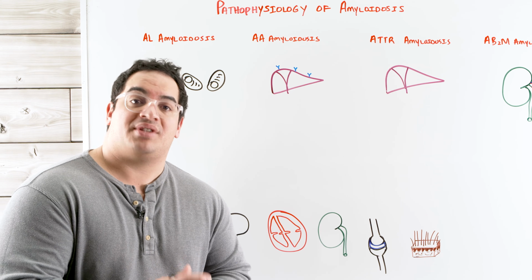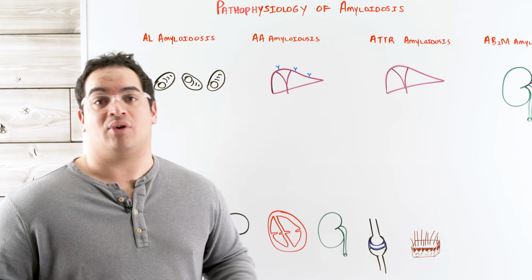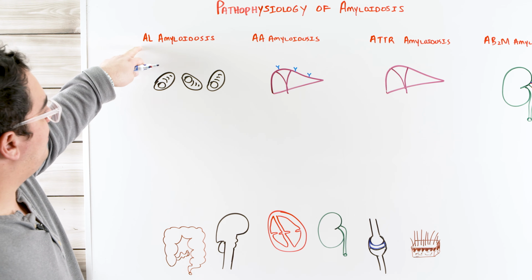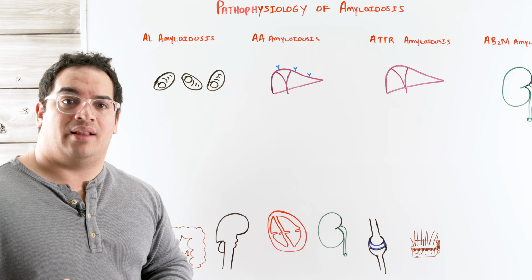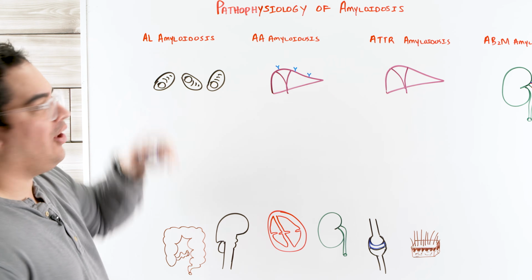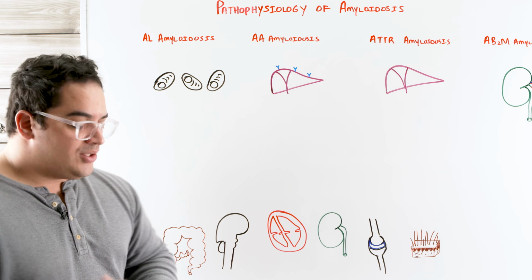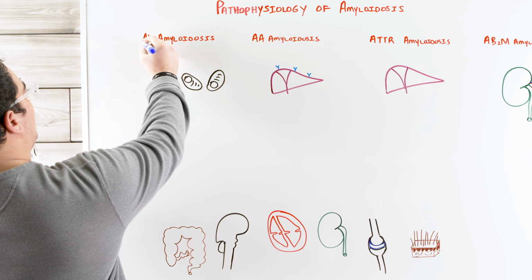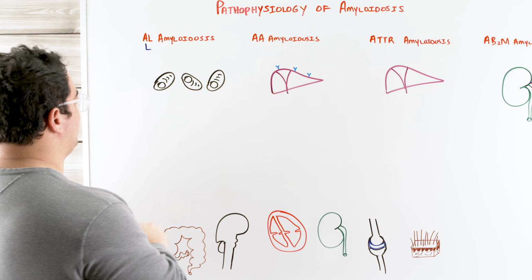But the big thing to remember is that amyloidosis can actually be broken down into a couple different subtypes. And so I want you guys to remember that as AL, and oftentimes the A in front of it is for the amyloid, and then the misfolded type of protein is what follows afterwards, and that's L. L is for the light chains. So it's important to remember that this is a disease that is oftentimes seen in what's called plasma cell disorders.